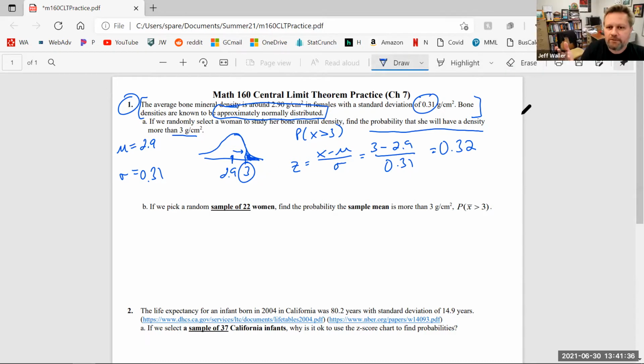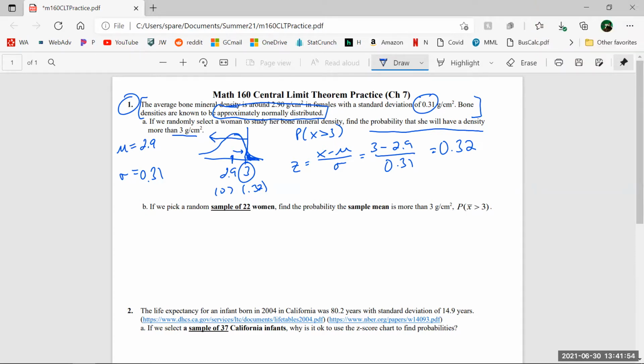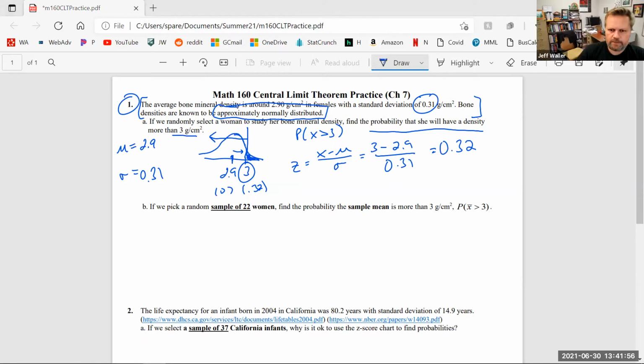So that's the whole reason we made a z-score, is so I could use my chart of answers, right? So I'm 0.32 steps up. It's not very far up, but let's see how much area that means I have below this. 0.6255. Does that sound right to everybody else?